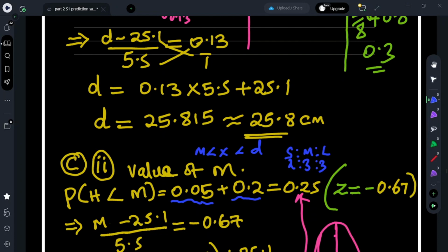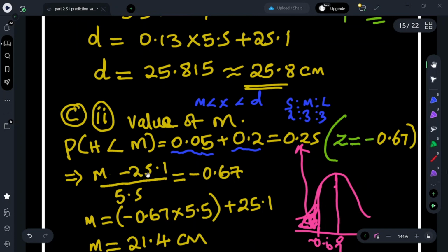The Z value of 0.25 is negative 0.67. So we can have the expression again for the Z value, which is m minus 25.1, the mean, divided by the standard deviation or sigma, which is 5.5.